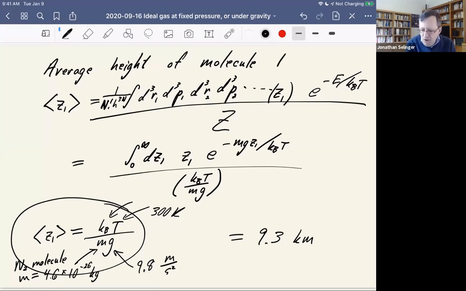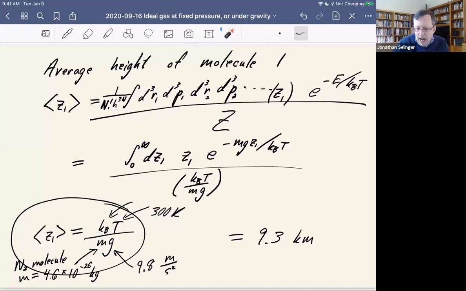There would be some corrections which would involve, what is this length scale compared to the radius of the Earth, right? Yes. And the radius of the Earth is much bigger than this length scale, right? Yes. The radius of the Earth is thousands of kilometers, and this is 9 kilometers, right?